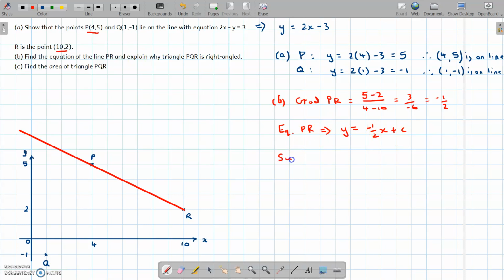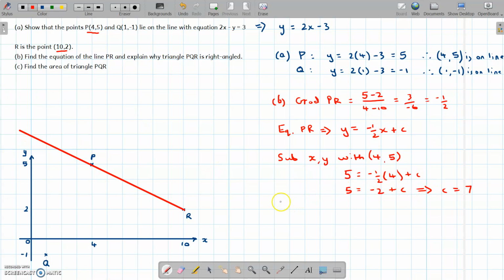So substitute x, y with 4, 5. That's one of the points. I get 5 equals minus a half of 4 plus c. I'm just replacing the y with 5 and the x with 4. If I work that out, I get 5 equals minus 2 plus c, and therefore c equals 7. We thought it was 7 from the graph, but that's proof that it is.